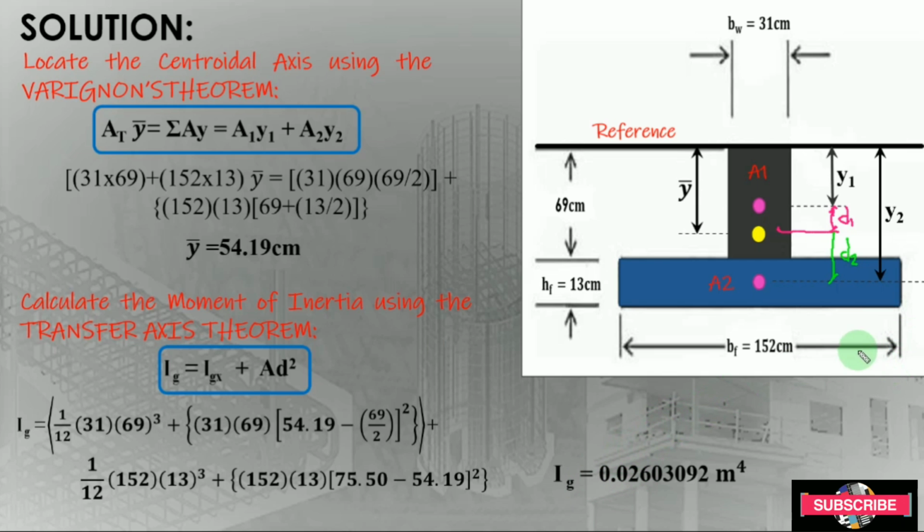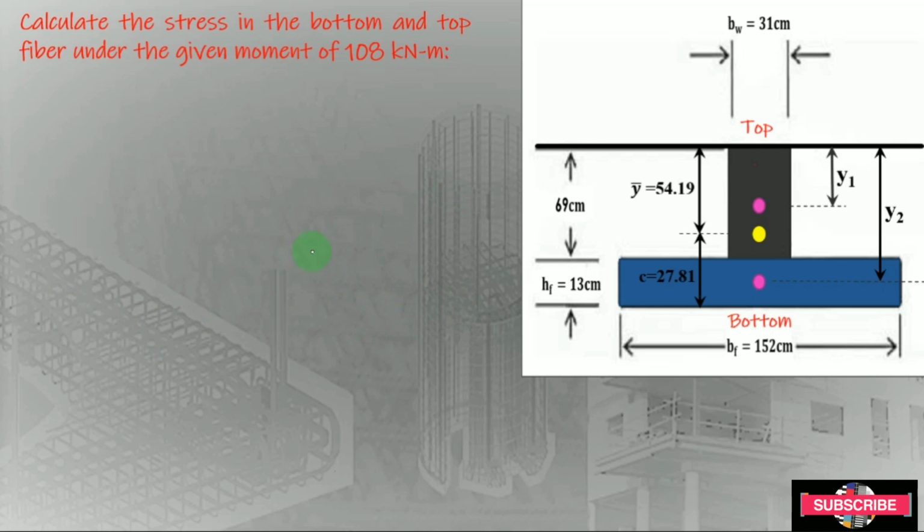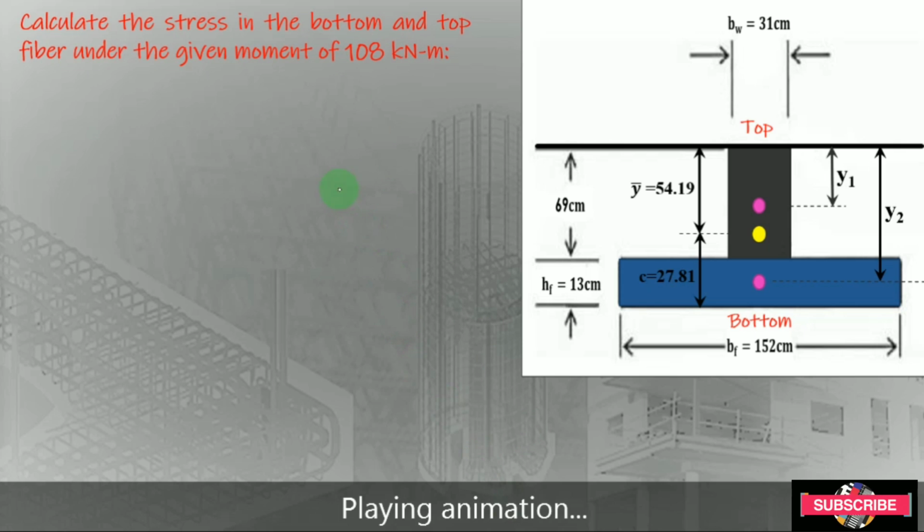After this one we are going to calculate the stress in the bottom and top fiber of this beam. So, calculate the stress in the bottom and top fiber under the given moment of 108 kilonewton meter, which is given in the problem, using our flexure formula.